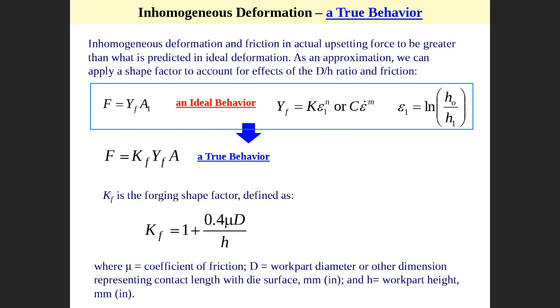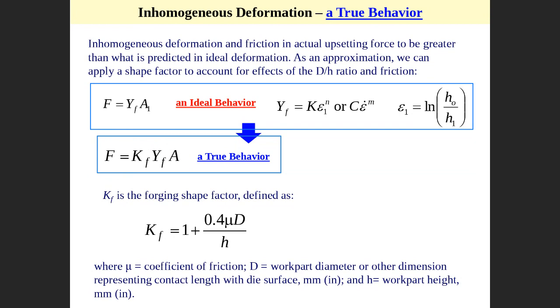In the case of added friction, the equation changes a little to become F equals Kf times Y flow multiplied by area. Kf is a shape factor to add the effect of the friction. Kf equals 1 plus 0.4 mu D divided by h. This is an empirical equation, obtained by experiment to introduce the effect of friction.